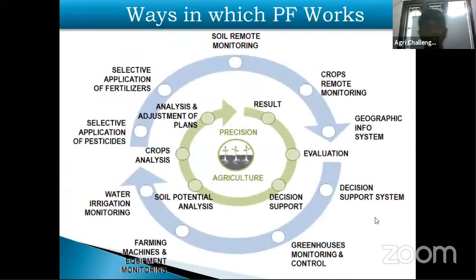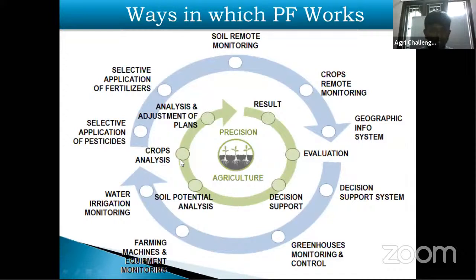Ways in which precision farming works: precision agriculture, variable agriculture, location specific. Soil remote sensing: based on remote sensing data, we will get some inputs, some maps, and based on that we will develop fertility maps and variable maps. Crop remote sensing will monitor crop health.